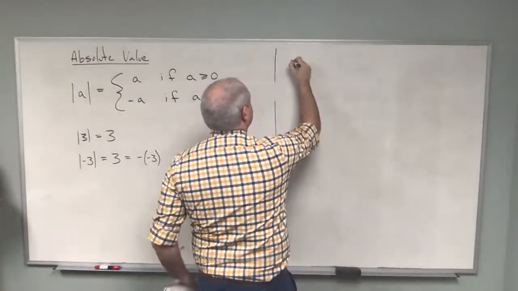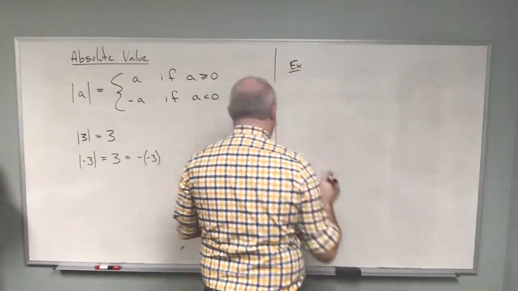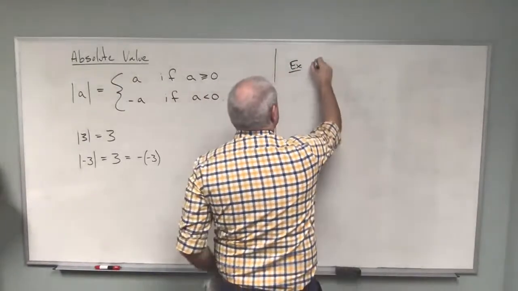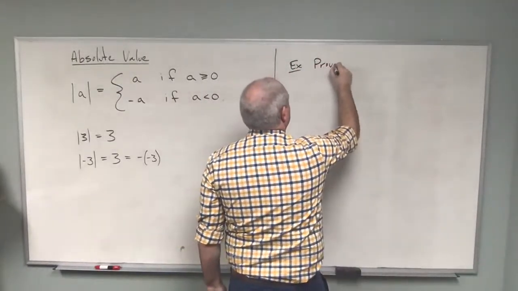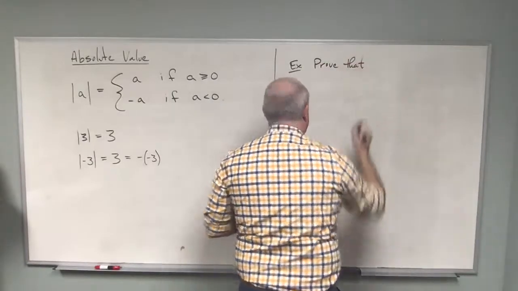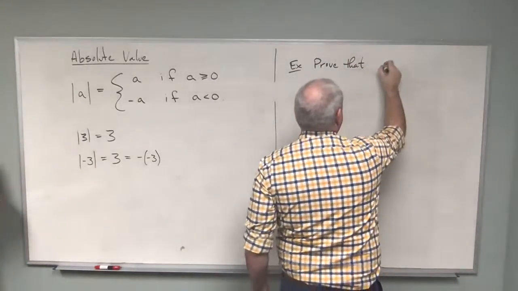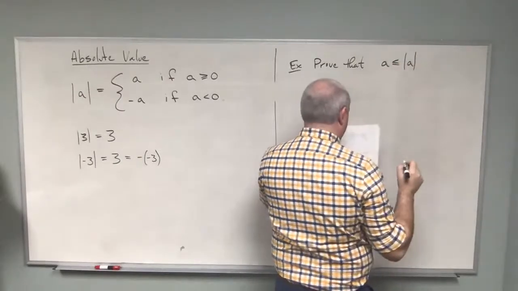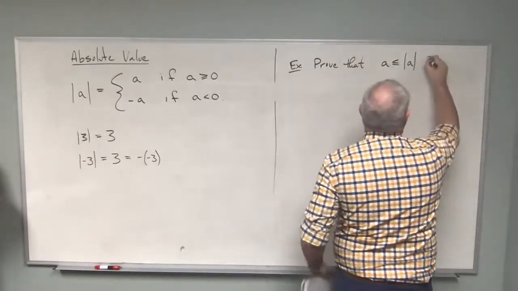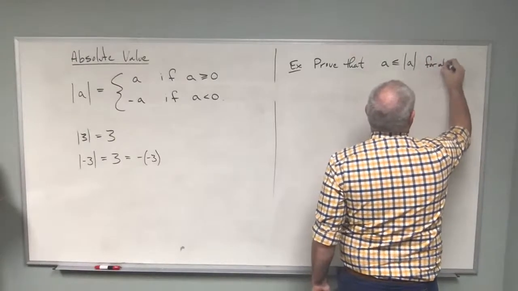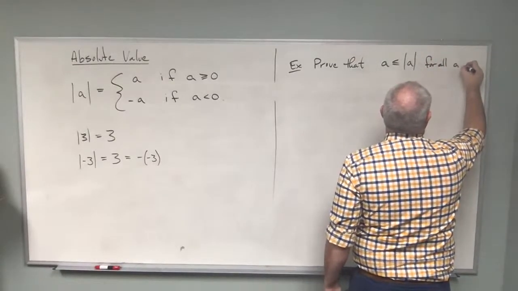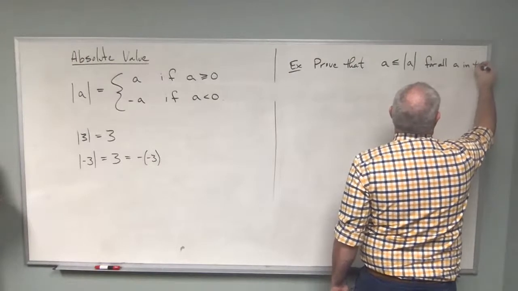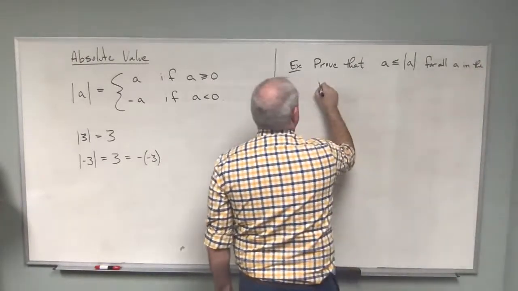So, an example. Let's prove that A is less than or equal to the absolute value of A for all A in the reals, the real numbers.